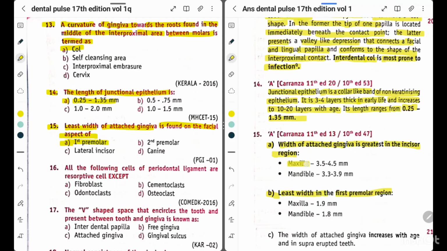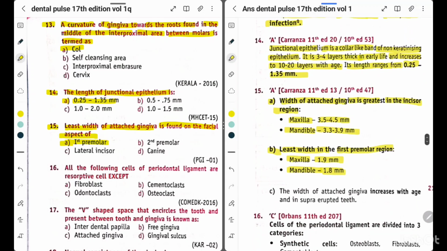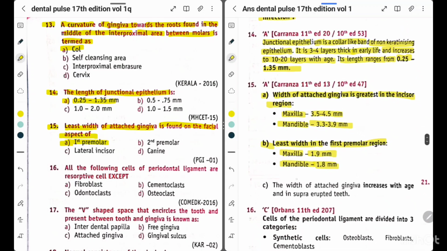In the maxilla, width of the gingiva in the incisor region is 3.5 to 4.5 millimeter, and in the mandible it is 3.3 to 3.9 millimeter. Least width in the first premolar region in the maxilla is 1.9 millimeter, and in the mandible is 1.8 millimeter. Width of the attached gingiva increases with age and in supra-erupted teeth.